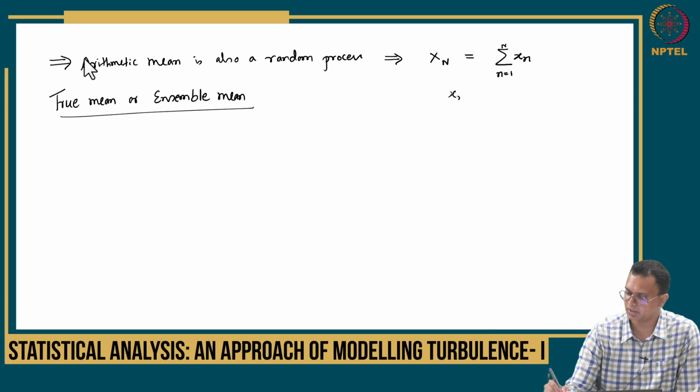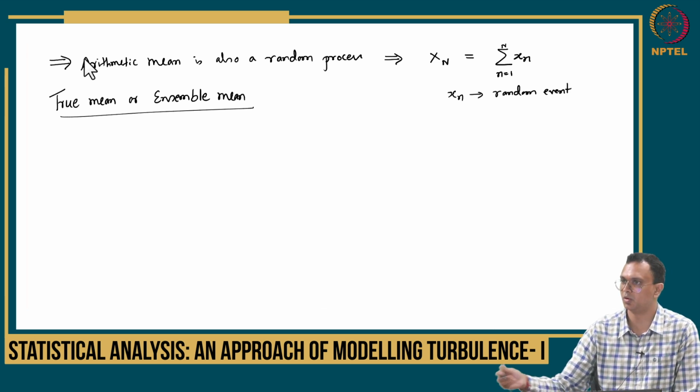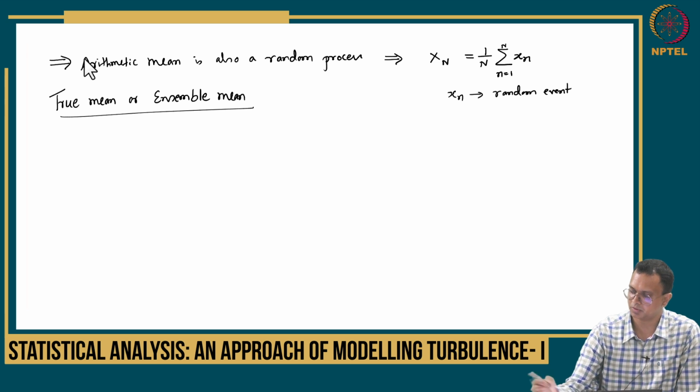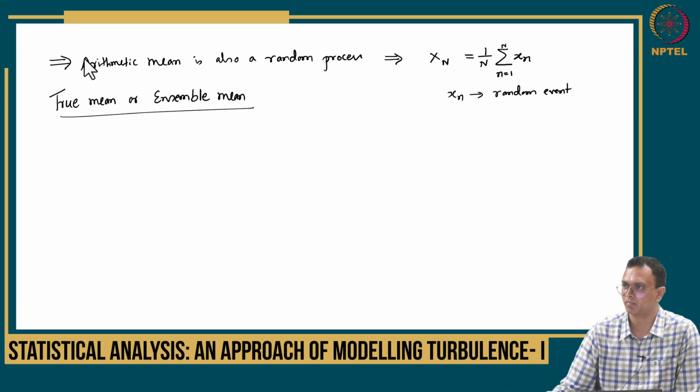The xn is a random event that occurred, you flipped a dice, you got some value, you basically summed it up and then you averaged, correct. This is your arithmetic mean definition.